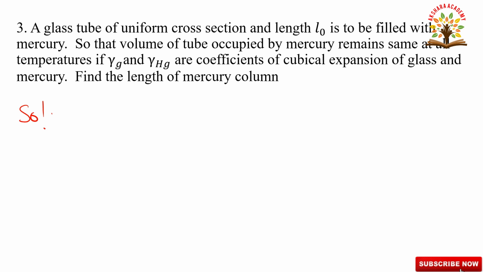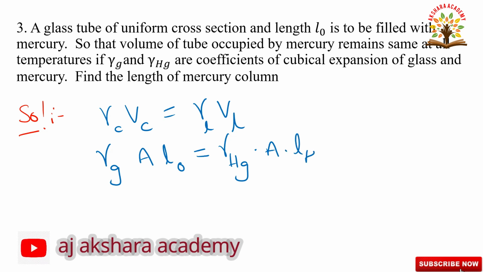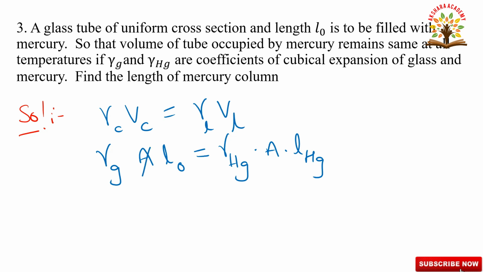For this, gamma C into Vc is equals to gamma L into VL. That is, we are writing here gamma G into volume given as A into L0, area into height. That is here gamma Hg into A into L Hg. Hg nothing but mercury. A gets cancelled.